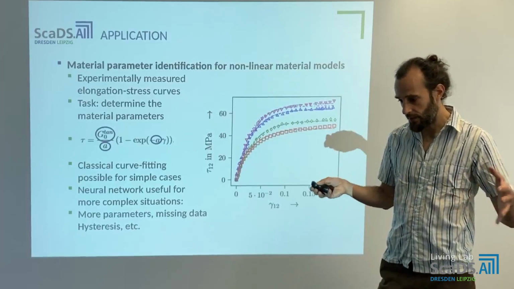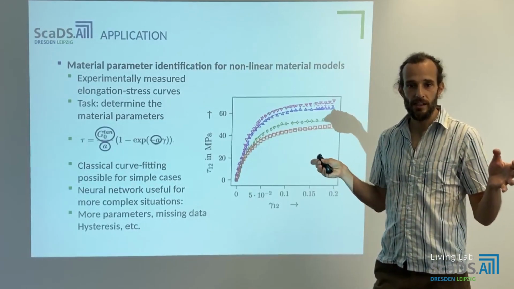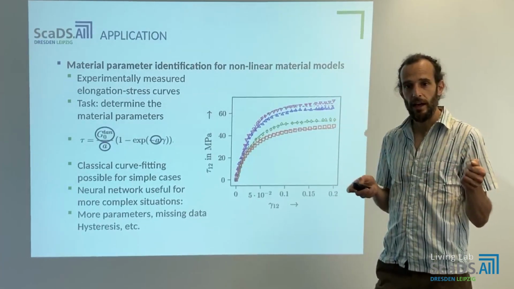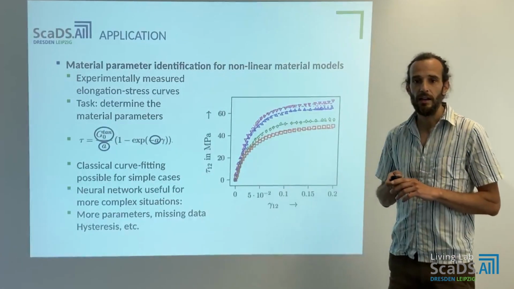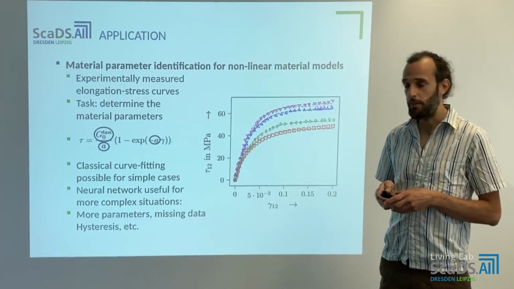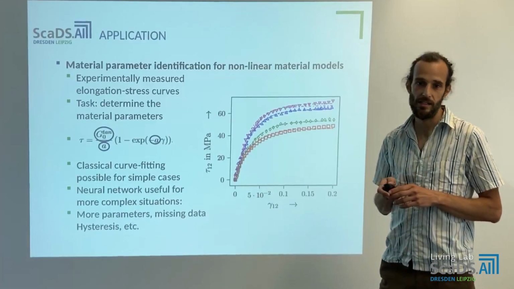So in the lab, they measure the strain stress curves of materials, and they get curves like this. You see them here. And what they want to get out is two material parameters. They are called G0 and A in this case.